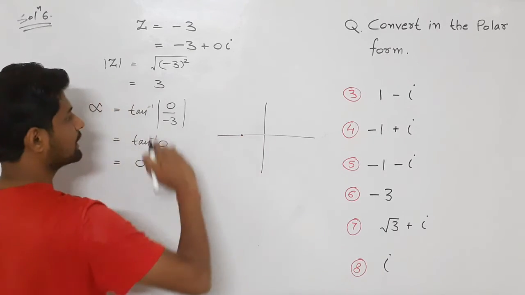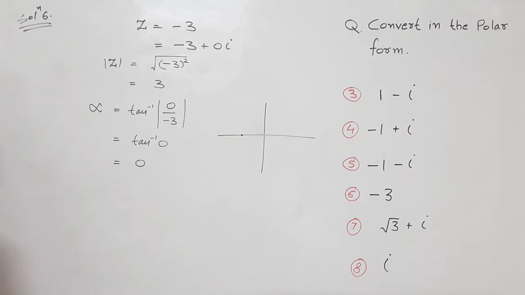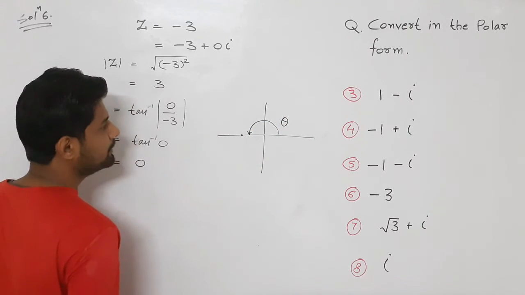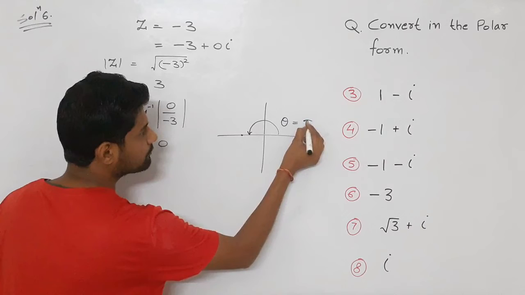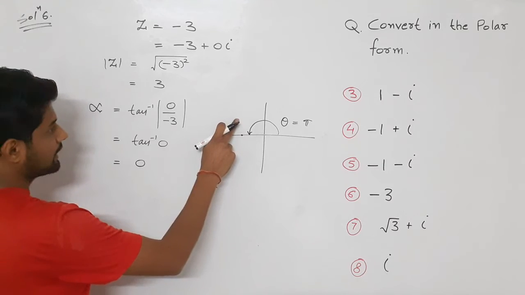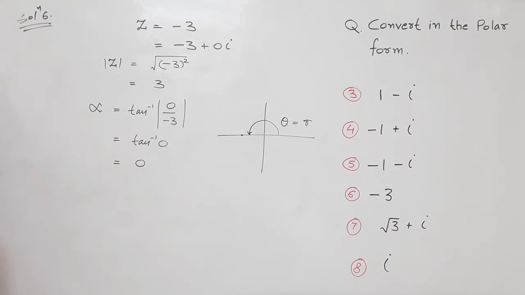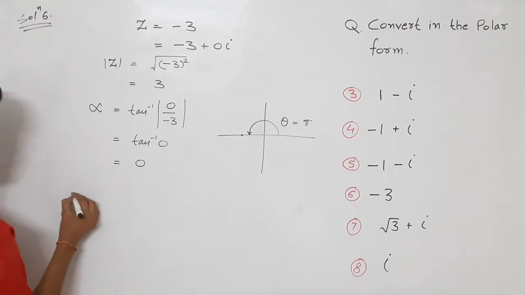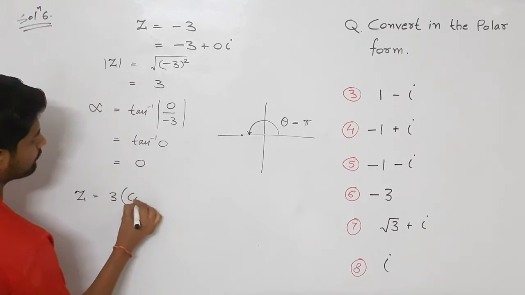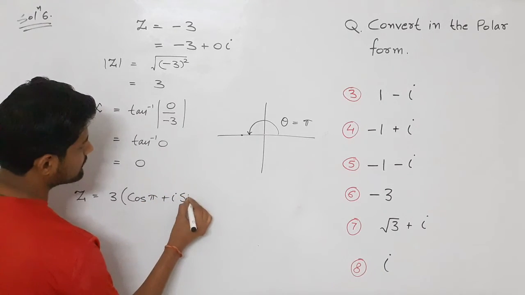I mean this complex number lies in this line, right? So in this case, what we will do? The principal argument will be pi. Okay, or you can also say that if it lies here, we can write pi minus alpha, and alpha is 0. In both cases the result is the same, okay. So now I can write this complex number as 3 cos pi plus iota sin pi.